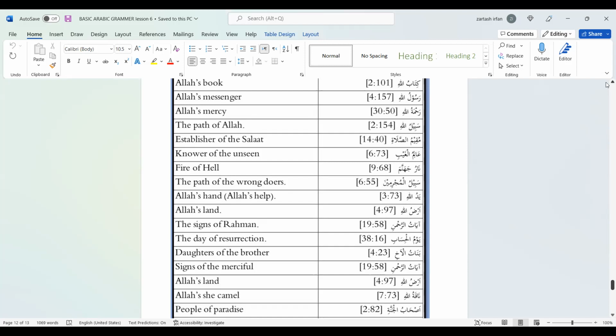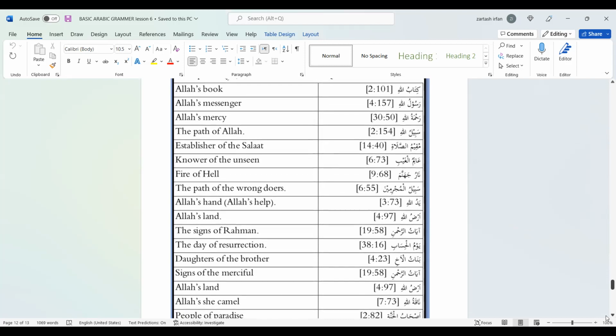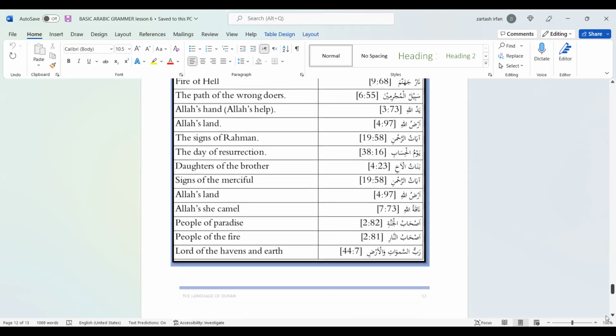Go find it in the Quran. Just go through your Musaf. Then you will see that it will be very easy for you to remember all these rules, all these examples, all these exceptions, and everything. It will become very easy for you to remember each and every rule.